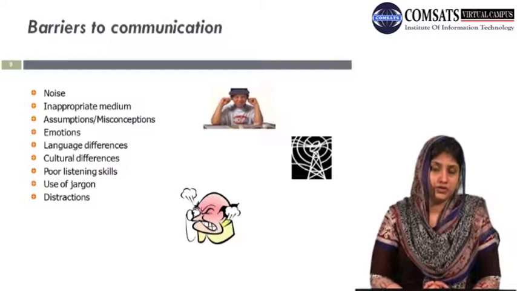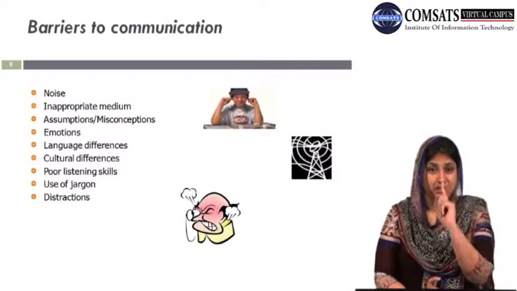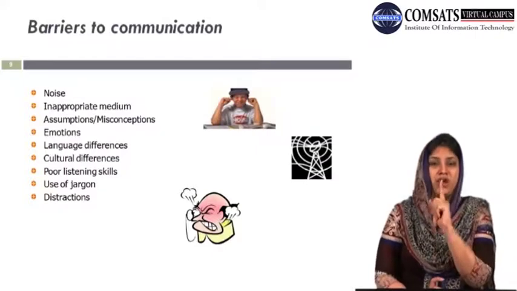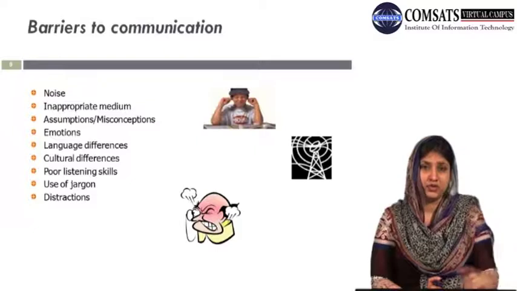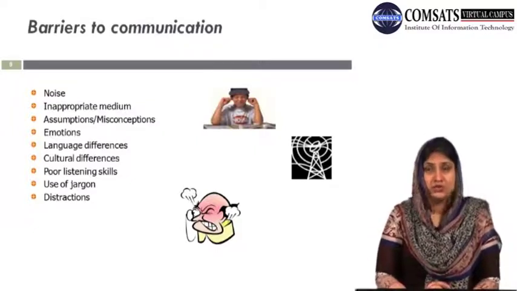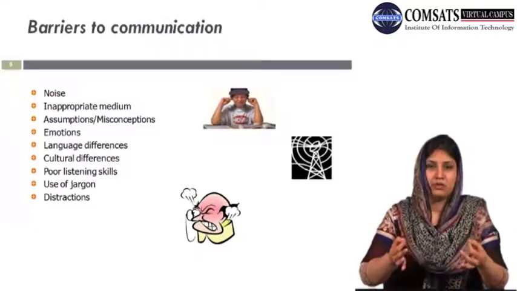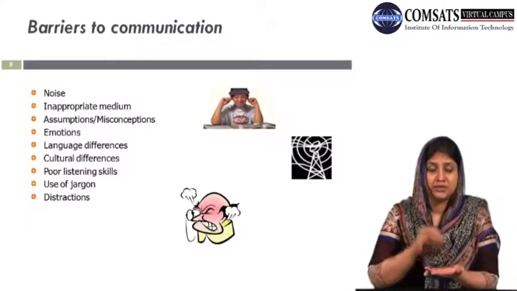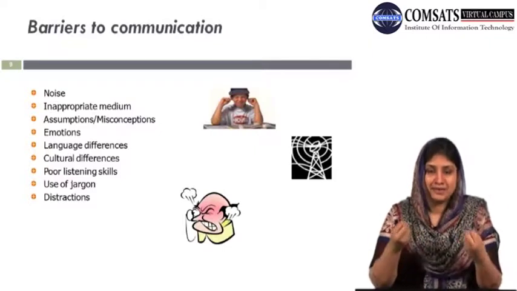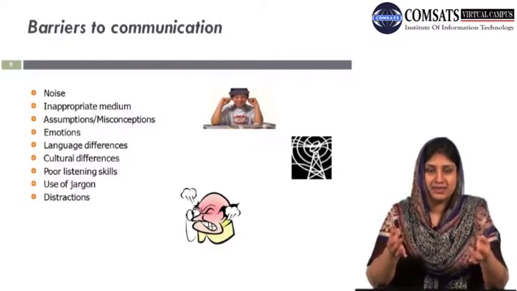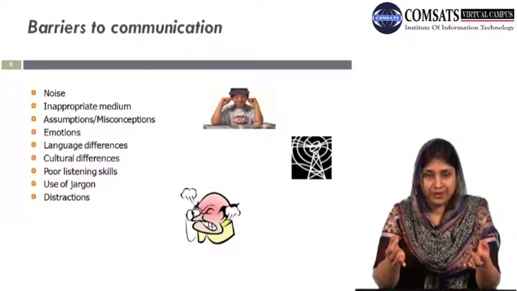Use of jargon, you see, use of diction, use of language. Now, if I say use of diction and you do not know what diction means, you won't be able to get the message. So I said use of diction, use of language. That means I made it simple for you after using one jargon. Jargon is one typical word from that profession that explains the understanding. Diction means the appropriate language, the appropriate terminology for one concept.